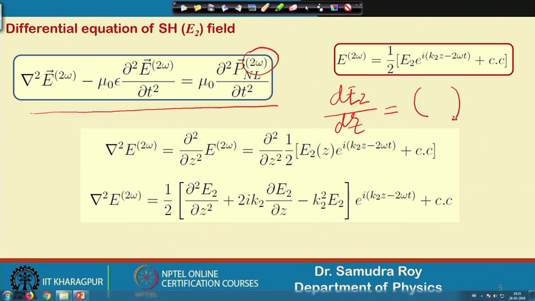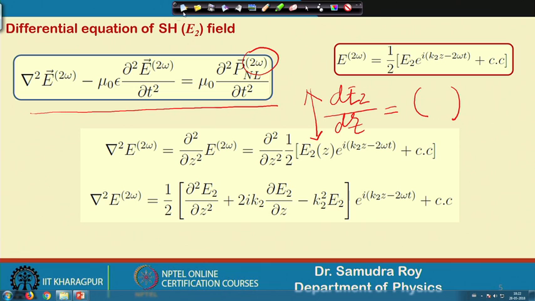The aim here is to find the field of the second harmonic and how the second harmonic field will evolve. So, to find the differential equation for the second harmonic, I need to use this Maxwell's equation where the 2 omega components are there.